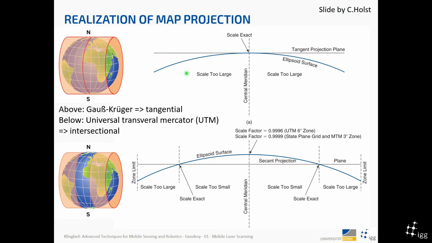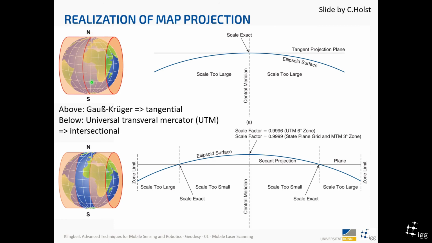These slides have been shown already by Christoph Holz. I just want to repeat some of the important points here. So the idea is that you put a cylinder around the Earth. It's called a cylindric projection. The cylinder is touching the Earth along a meridian, and then the cylinder is unwrapped, right?